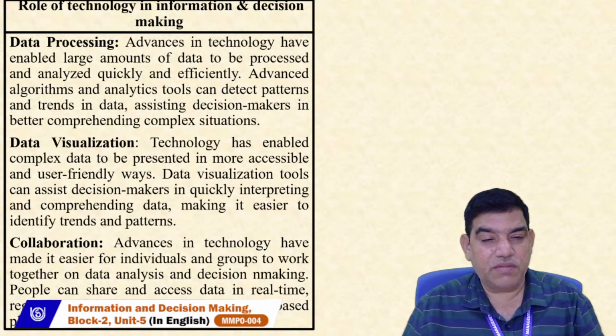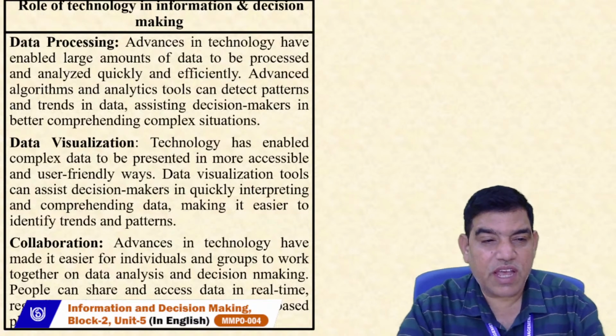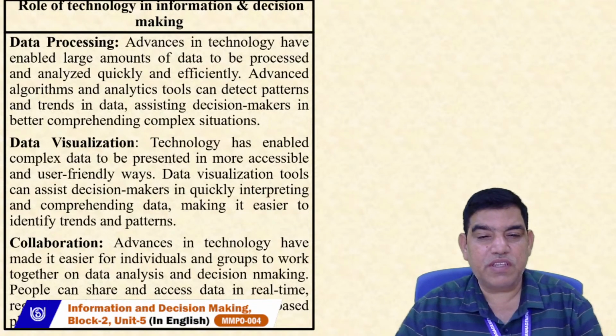Then collaboration. So what is the meaning of collaboration? Advanced technologies have made it easier for individuals and groups to work together on data analysis and decision-making processes. People can share and access data in real time, regardless of their location, thanks to cloud-based platforms and tools.